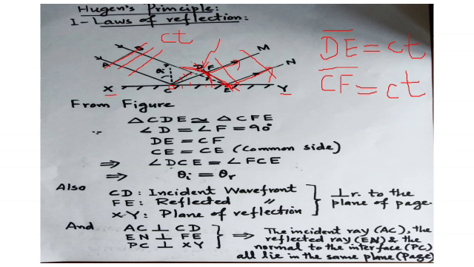Okay, so we make use of geometry over here, and in this figure you can see two triangles. One triangle is labeled as CDE, this one CDE, and the second triangle is CFE, this triangle. So there are two triangles. Let me draw them over here.